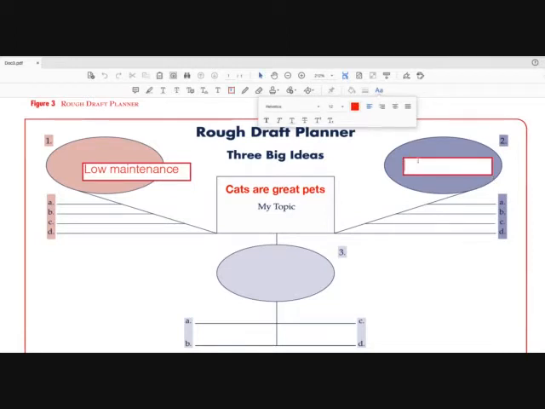Our second reason was that they are entertaining, right? And that was in green if we recall, so we're just going to color code like that. Perfect. And our last reason is because they are a great source of love and companionship.